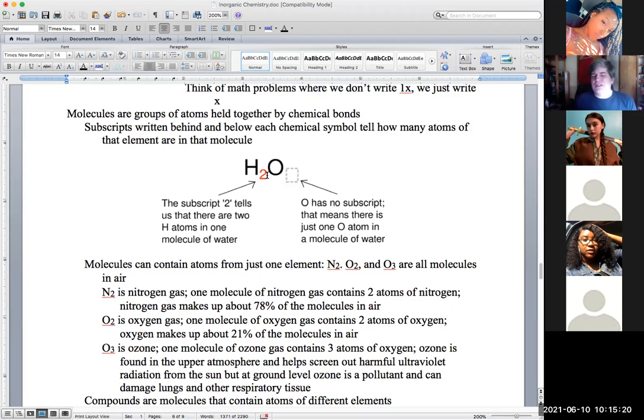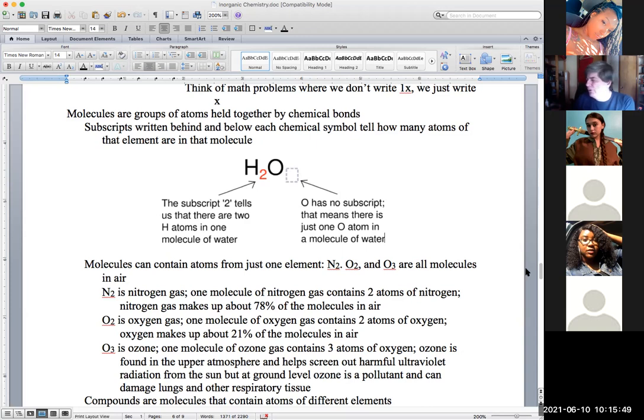And this tells us how many atoms there are for the element in front of the subscript. So this tells us there are 2 hydrogen atoms in water. The other part of water is O, oxygen. And notice there's no subscript, there's no number written behind the oxygen. So remember what we just said, no number, that means there's 1 atom.